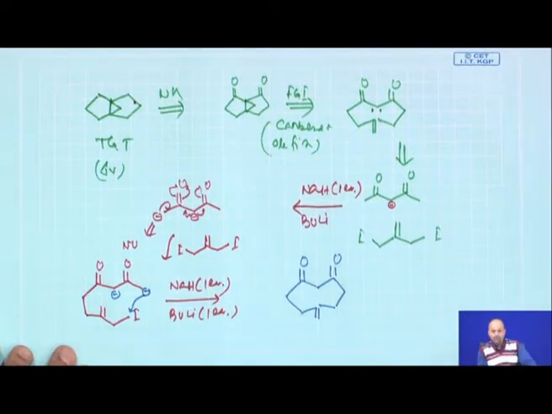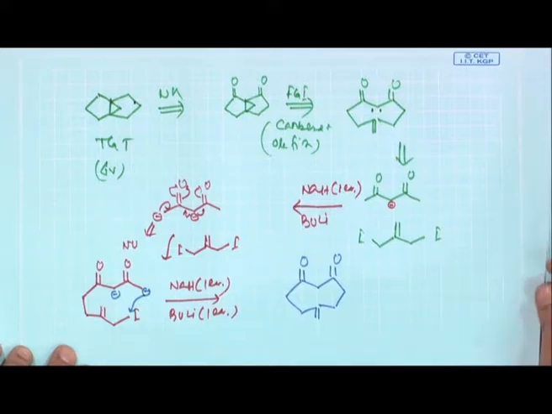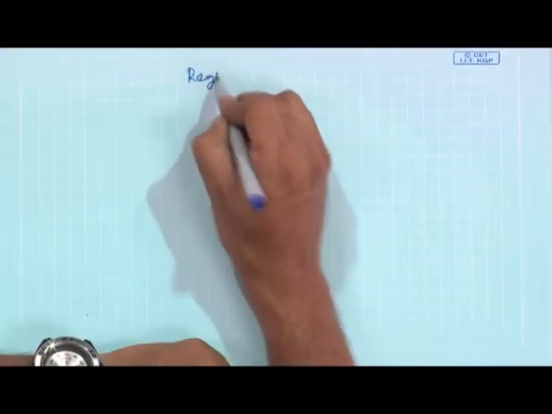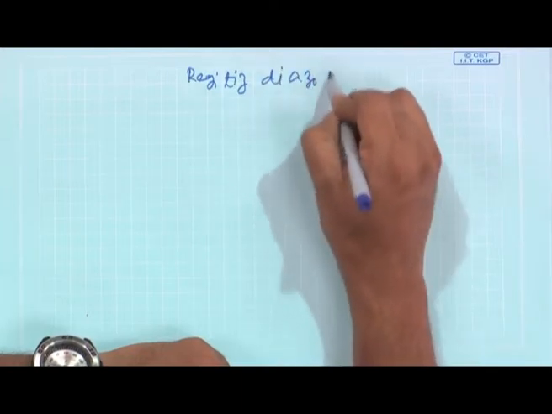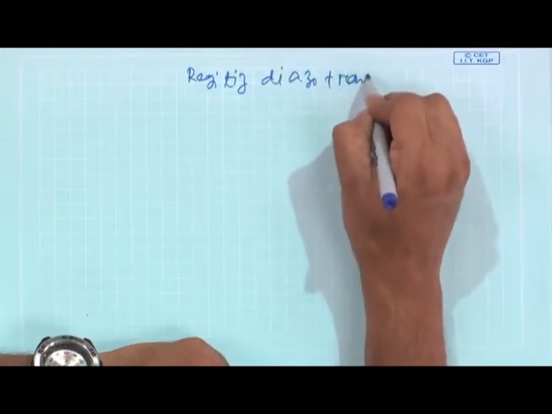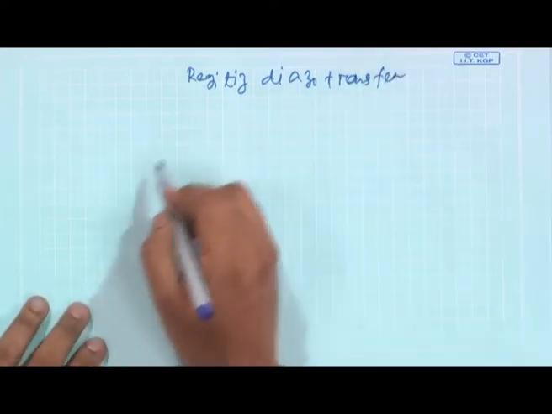Fine. Now, I am saying how you can generate a carbene. For carbene generation, you need to know a very important reaction. Its name is the Regitz diazo transfer. What does this reaction say?